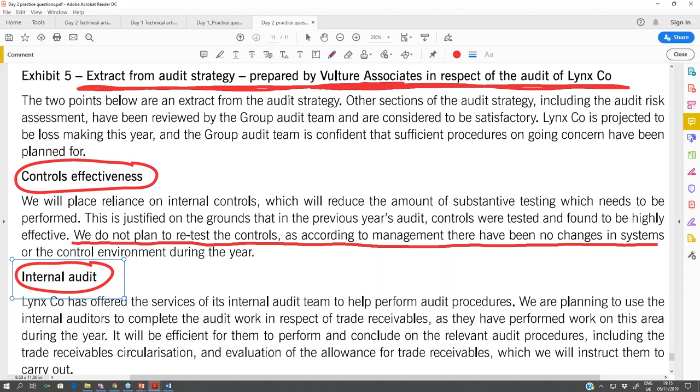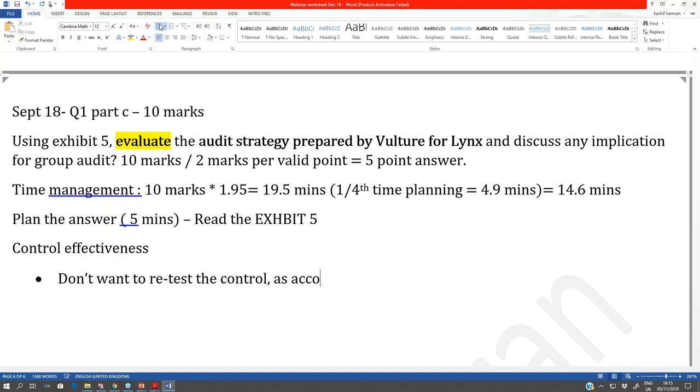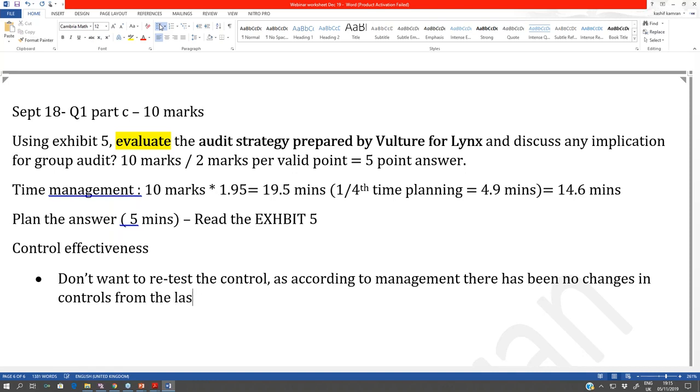So let's find the first statement here, the first one regarding the control effectiveness. In the control effectiveness, the very first statement we're getting is that they don't want to retest the controls, as according to management there have been no changes in controls from the last year.